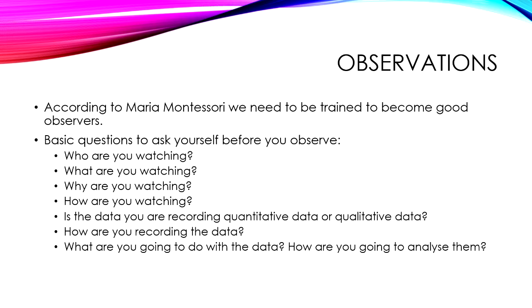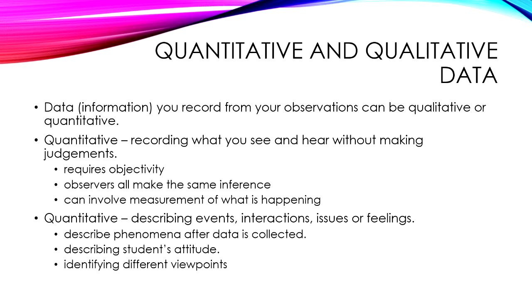How are you watching? Is the data you're recording quantitative or qualitative data? How are you recording the data? And what are you going to do with all this data, and how are you going to analyse it? Going through these sequentially will enable you to become an effective observer, because you'll understand the process and you'll be able to do the observation process as effectively as possible, which is the aim.